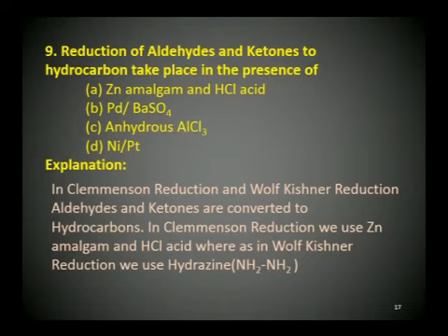And number 2 reaction is Wolff-Kishner reduction, where we use hydrazine as the catalyst. In these two reactions, aldehydes and ketones can be reduced to hydrocarbons. So, in the given options, zinc amalgam and hydrochloric acid will be the correct answer. So, answer is A.